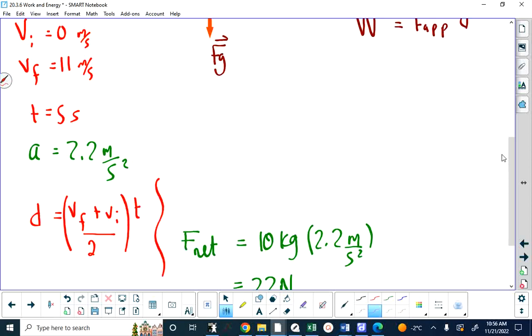And again, the numbers are right in front of us. I'm going to take 11 plus 0 divided by 2 and then multiply by 5, and get 27.5. So you get 27.5 meters.